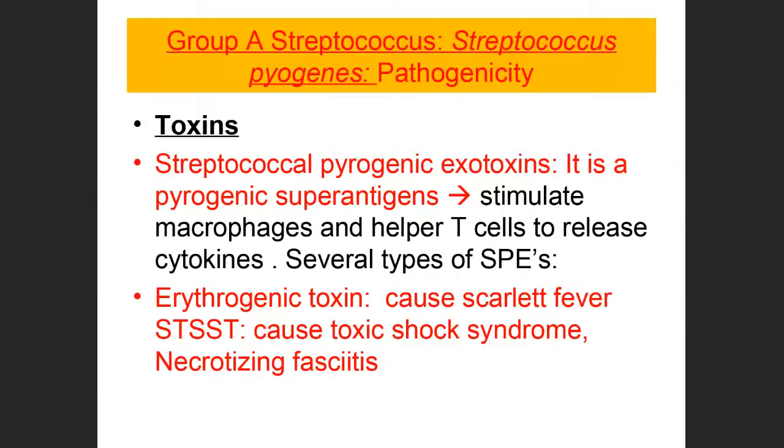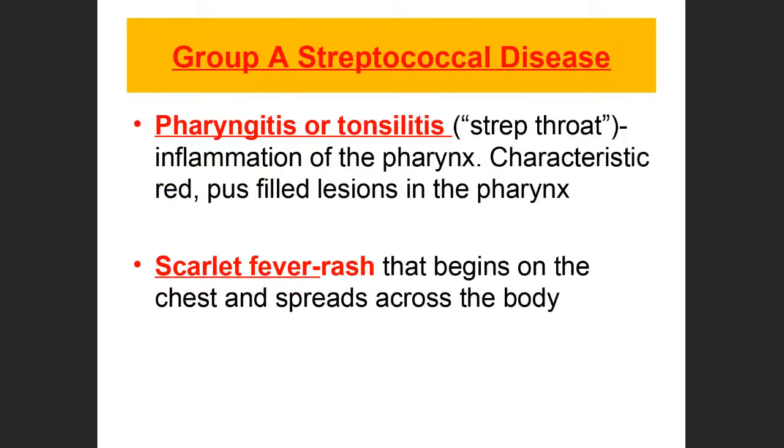As far as exotoxins, a toxic shock syndrome toxin can also be made by Streptococcus pyogenes, or group A Streptococcus. These organisms also can have necrotizing fasciitis toxins. We'll talk about this in just a second, and erythrogenic toxin, which causes scarlet fever. So those are some of the toxins that the organism can have.